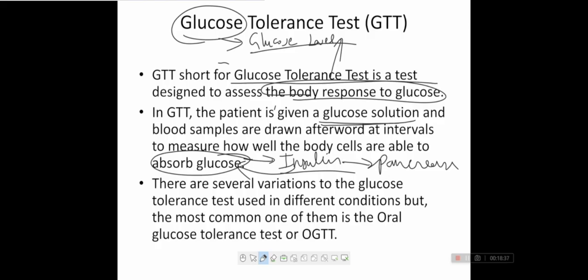Generally, GTT tests are performed in pregnant women. There are several variations of the glucose tolerance test used in different conditions, but the most common one is the oral glucose tolerance test, that is OGTT.